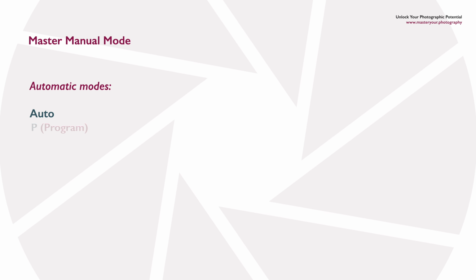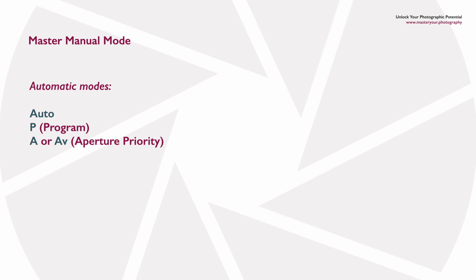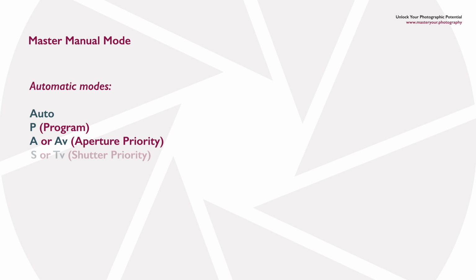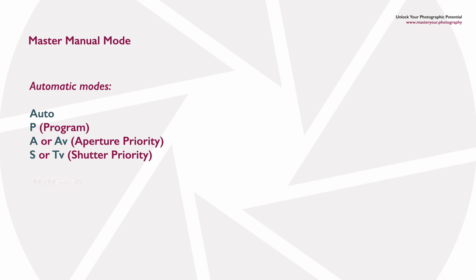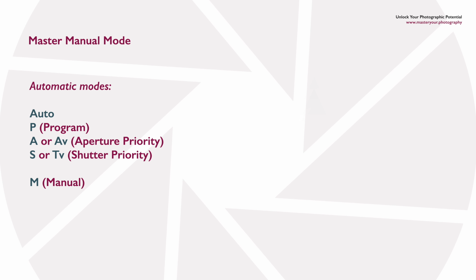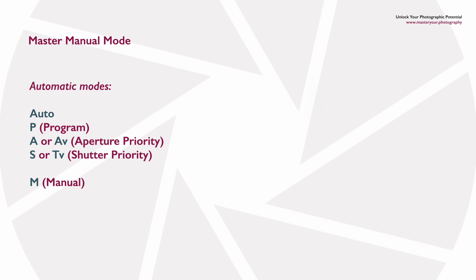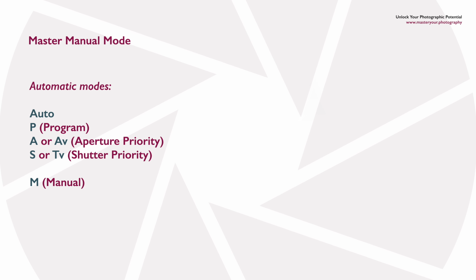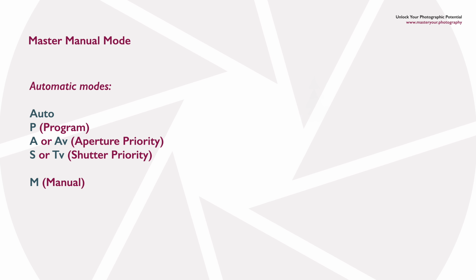They do vary from camera to camera, but in the main you'll find one that's labelled auto, you'll find one that's labelled P, which stands for program, not professional. You'll find one labelled A, which is sometimes also labelled AV, that's aperture priority, and then there's usually an S or TV setting, which is shutter priority. And then of course you've got M, which is the one we're concerned with in this video, and that's full manual control.